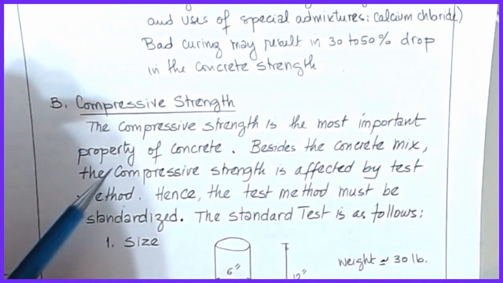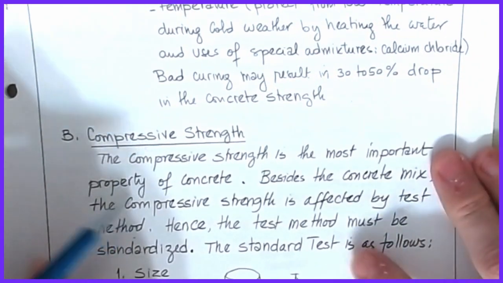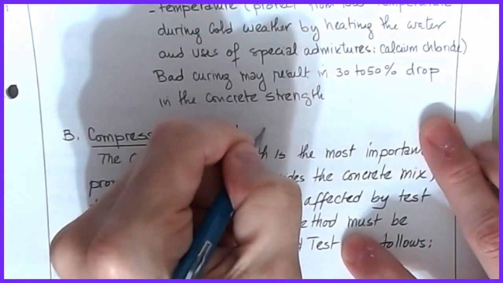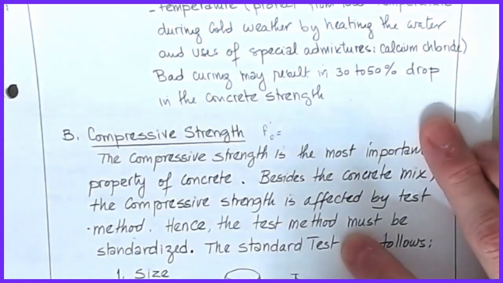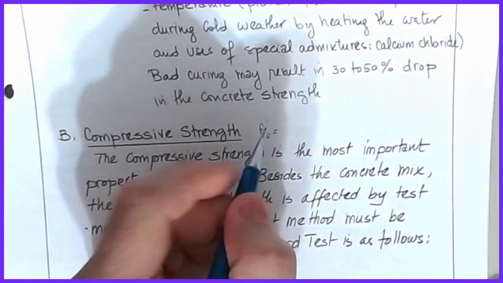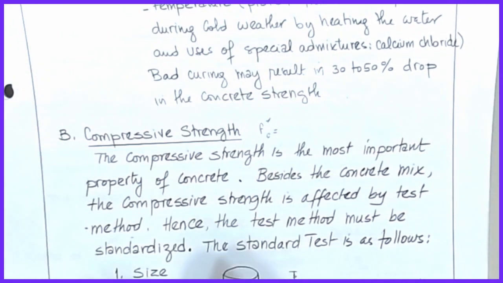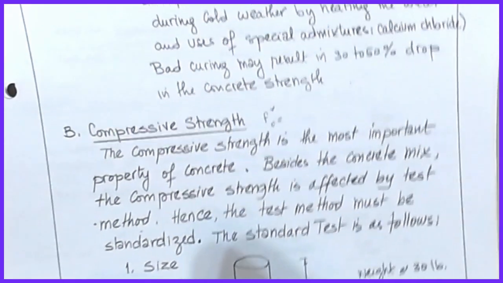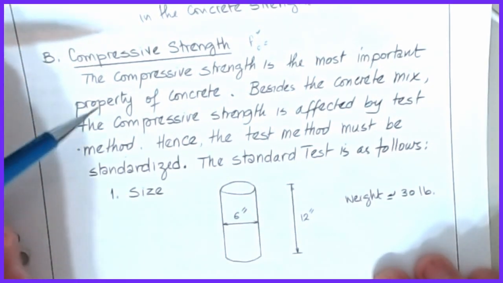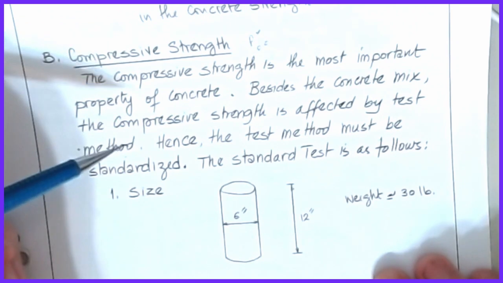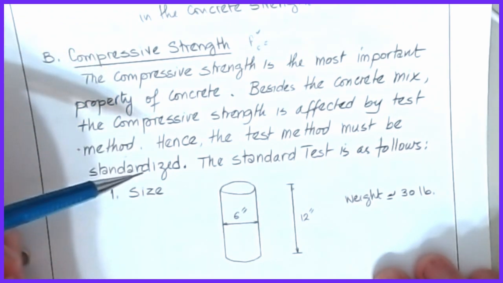Okay, and by far this is the most important characteristic, and the one we're after is the 28-day compressive strength, and that's called f'c. And you'll see this in just about every formula involving concrete design. The way that we evaluate the compressive strength is we do what we call a compressive test or a cylinder test.